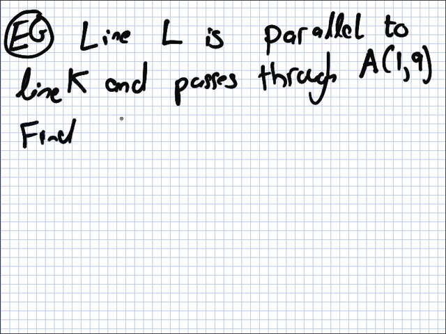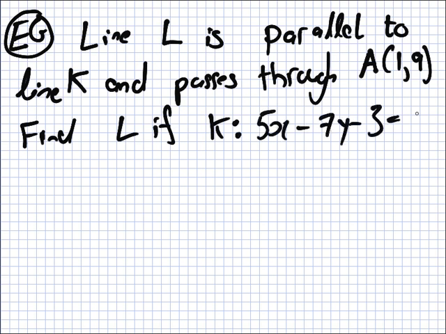Find L if K is 5x minus 7y minus 3 equals 0. I'll do the answer. I just need you to write the question down.